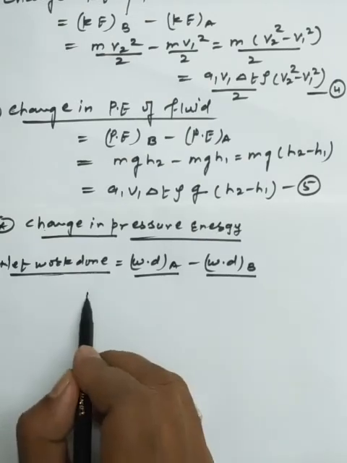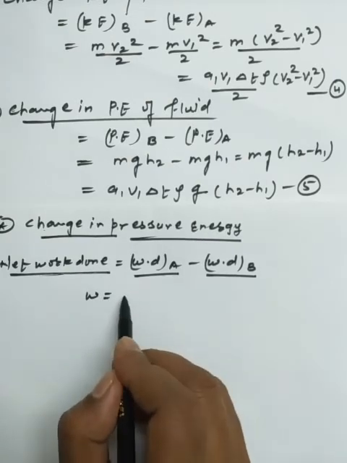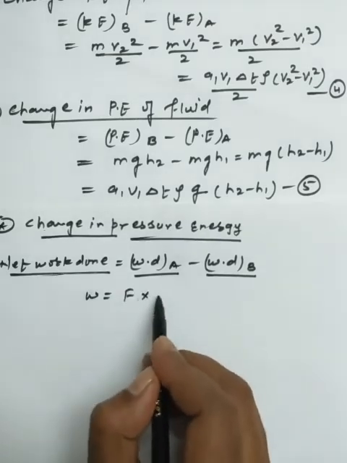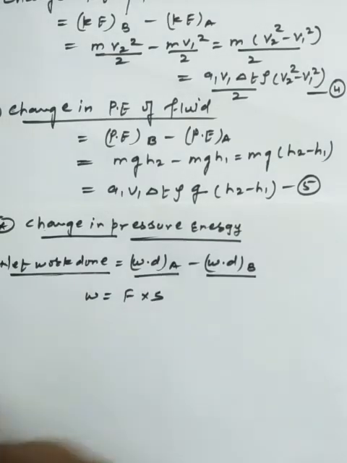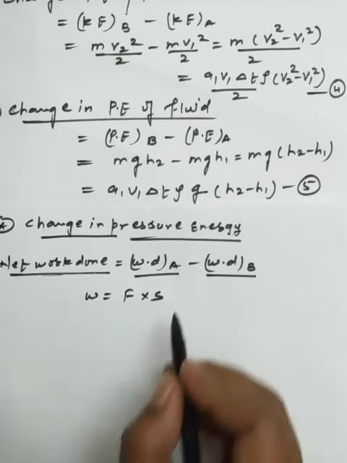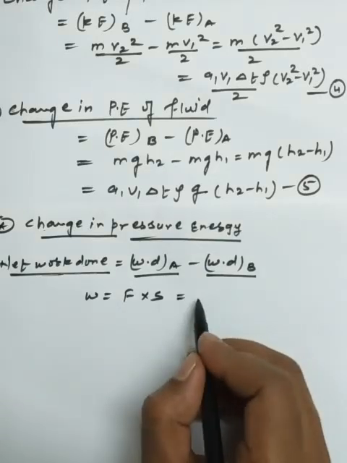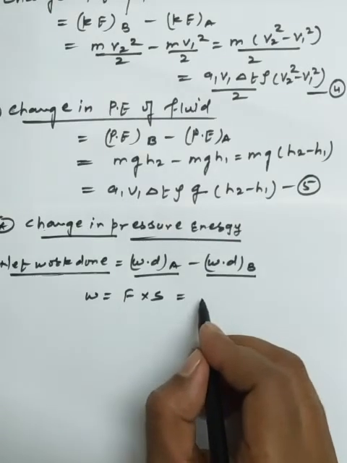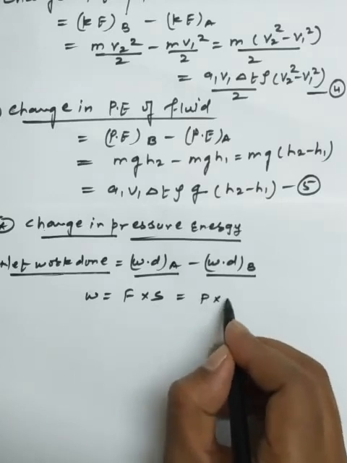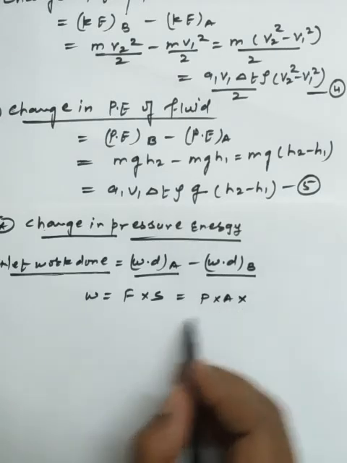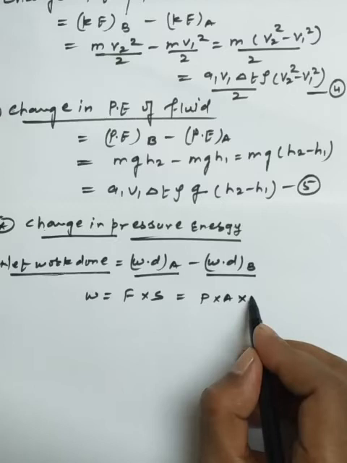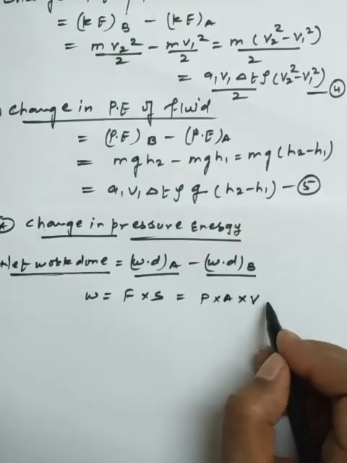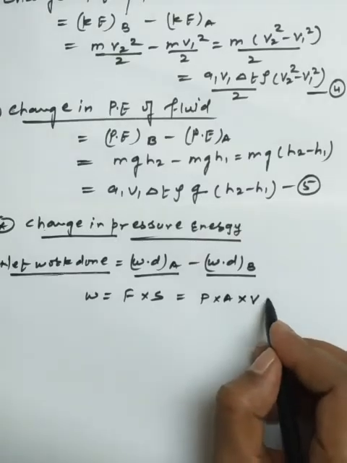I am using work done, which can be stated as force into displacement. That is the simplest representation of the formula, and we can change the force to pressure into area. The displacement can be stated as velocity into delta t.